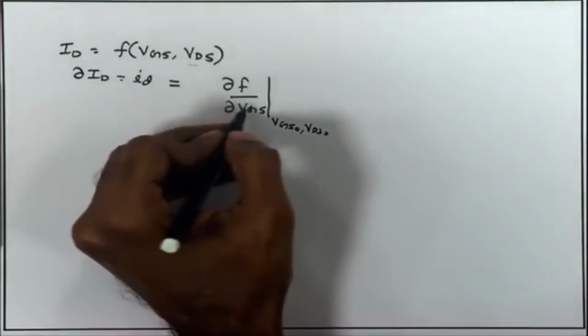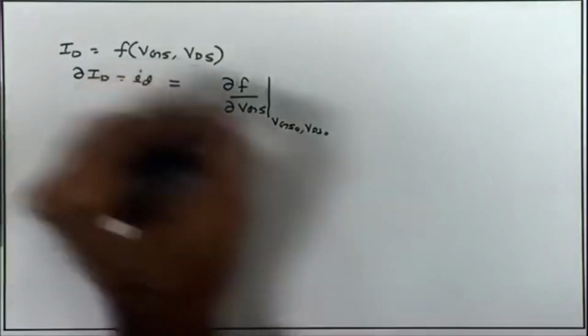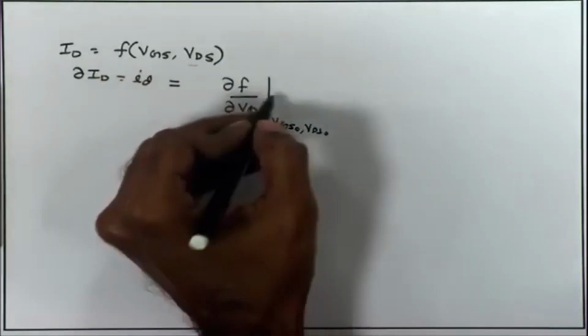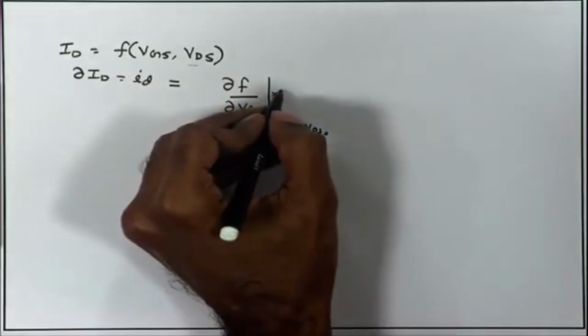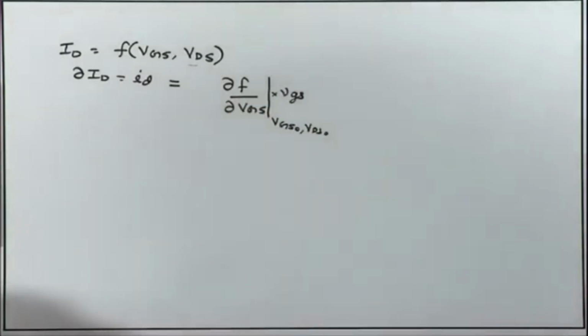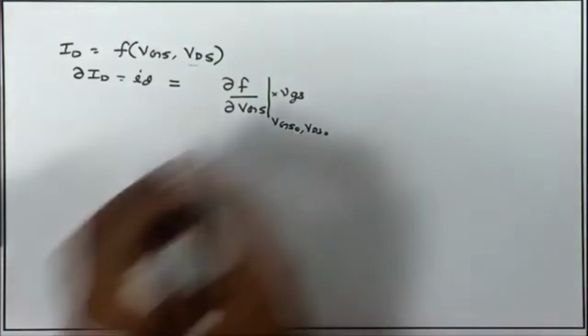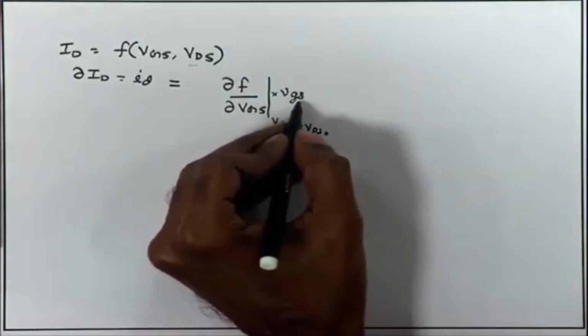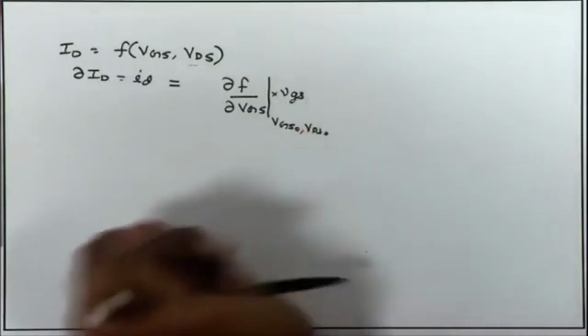So, we are calculating the slope at a particular Vgs naught and Vds naught, multiplying it by the small Vgs, or that is the delta Vgs. So, this is the change in the current because of change in gate to source voltage.